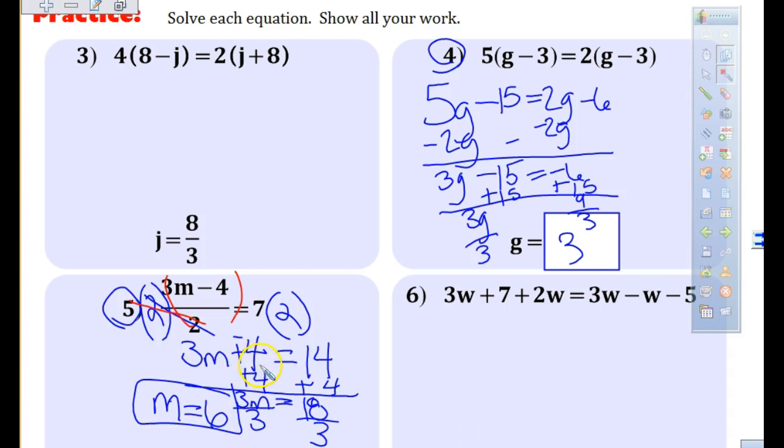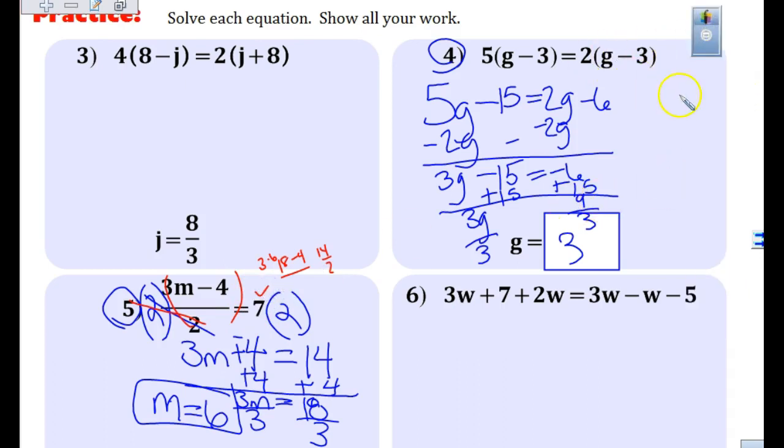So 3m plus negative 4, I like that, added 4 to both sides, divided by 3, got our solution. If you think of the check really quick, 3 times 6 gives us 18. 18 minus 4 gives us 14. And 14 divided by 2 is 7. It checks.